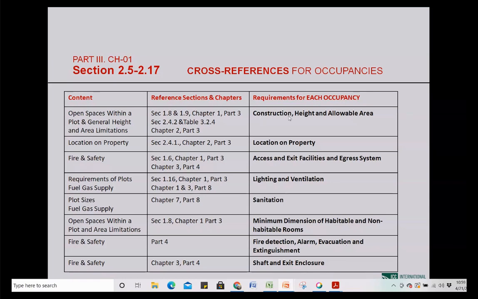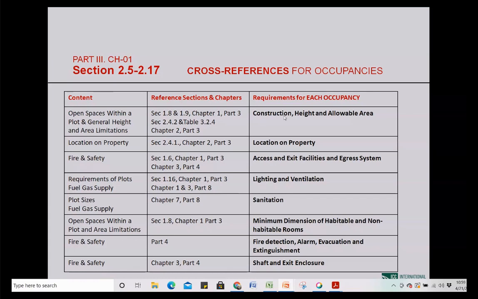which is dealing with construction, height, allowable area, location on property, access exit facilities, egress system, lighting, ventilation, sanitation, minimum dimension of habitable and non-habitable rooms, fire detection, alarm, evacuation, extinguishment, shaft and exit enclosures. And with a few exceptions, they all carry similar referencing sections and chapters.